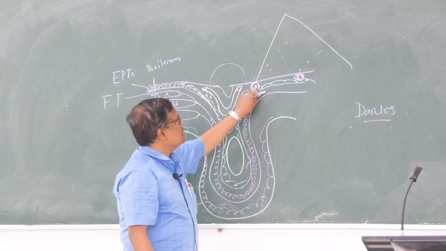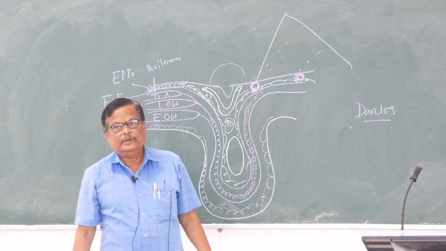It is the inferior epigastric artery, it is the obliterated umbilical artery.